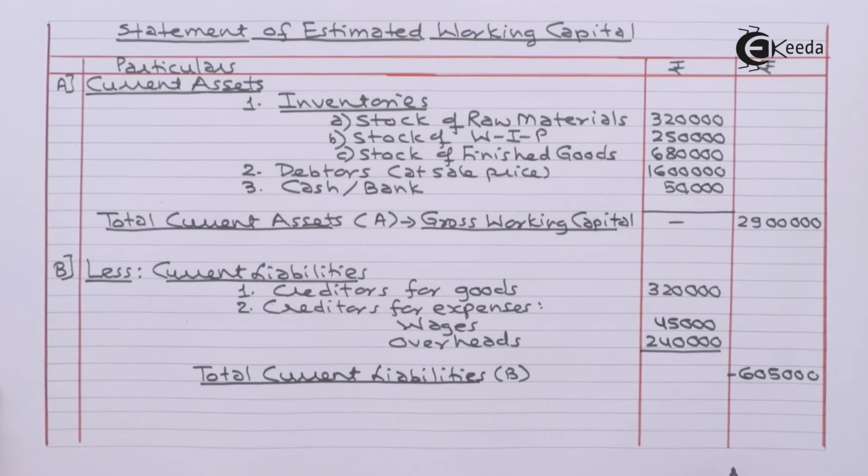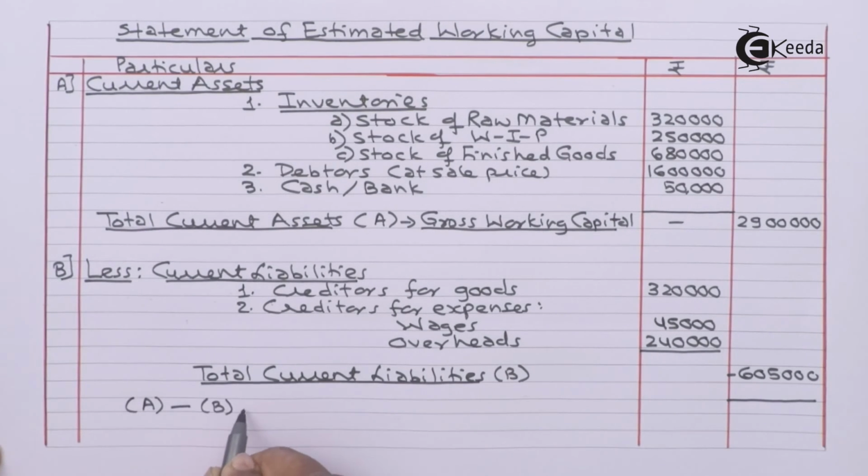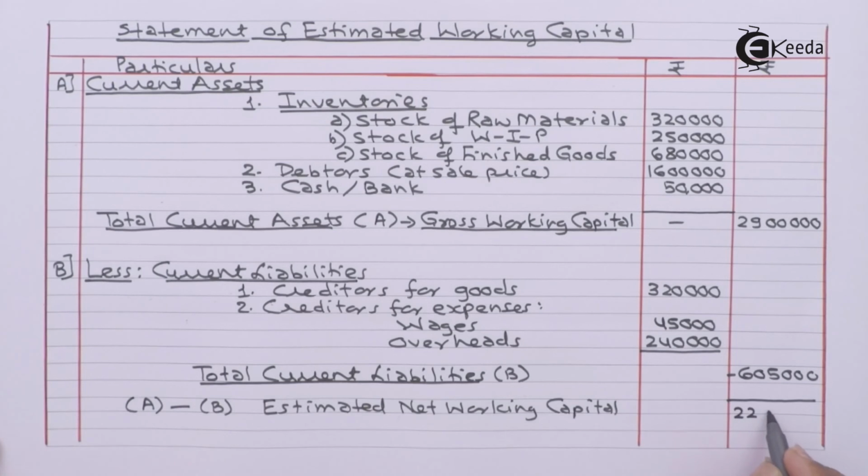So we got total current liabilities 6,05,000. From current asset, we'll deduct these current liabilities. So 22,95,000 will be the estimated net working capital.